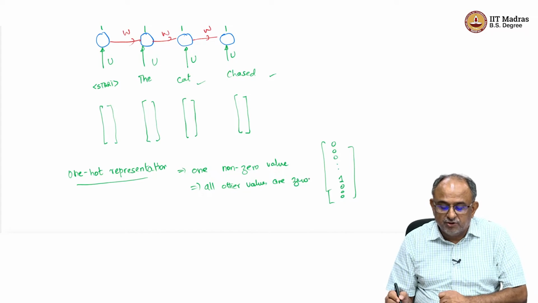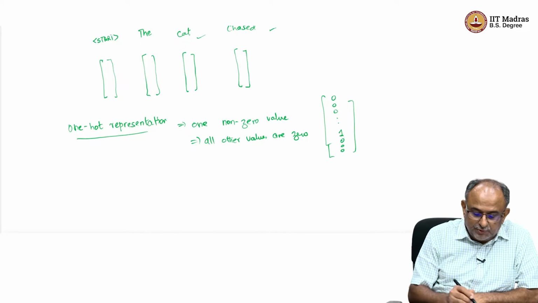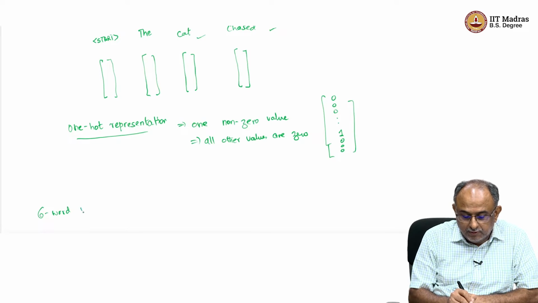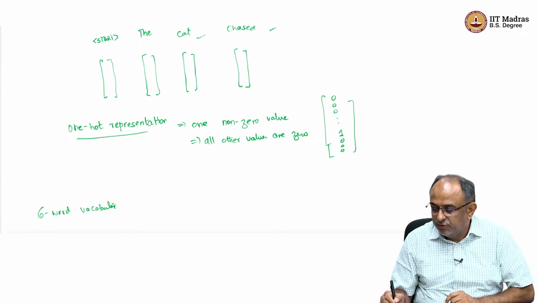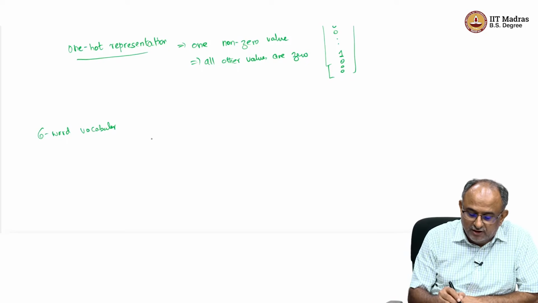This is called a one hot vector. The way we do it is very simple. Suppose I have a 6 word vocabulary, there is nothing else that I have. My whole language has only these 6 words.